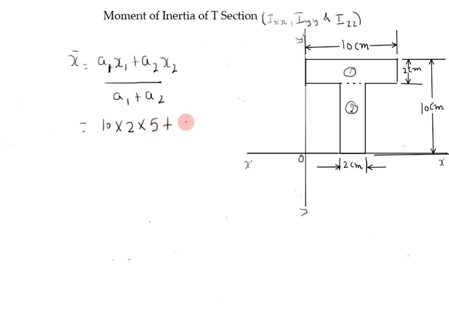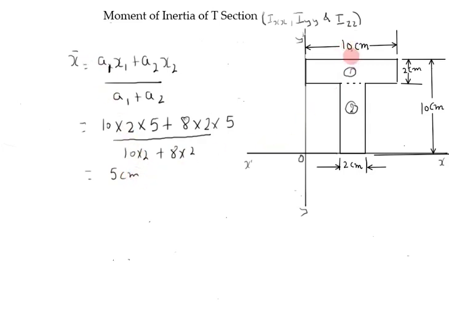Plus a2 is the area of element 2, which is 8 into 2, and the distance of its centroid from yy dash is again 5, divided by a1 plus a2. This comes out as 5 centimeter. So x bar is at 5 centimeters.